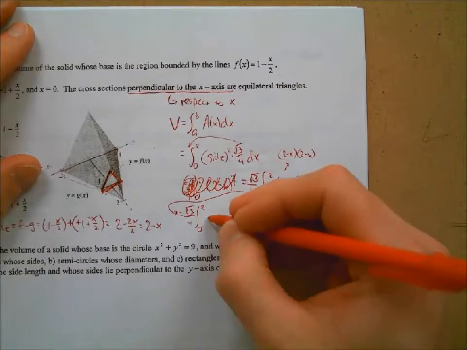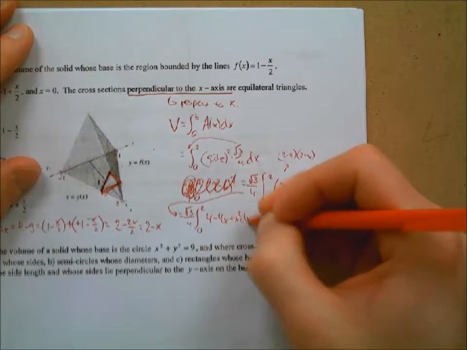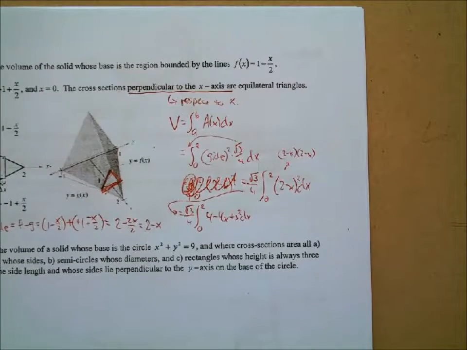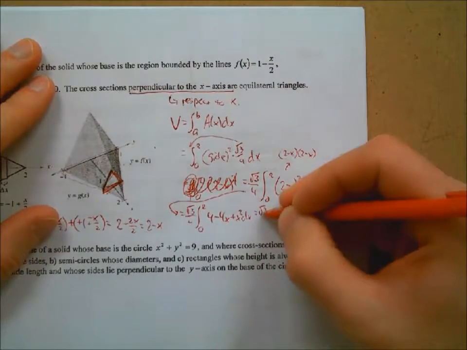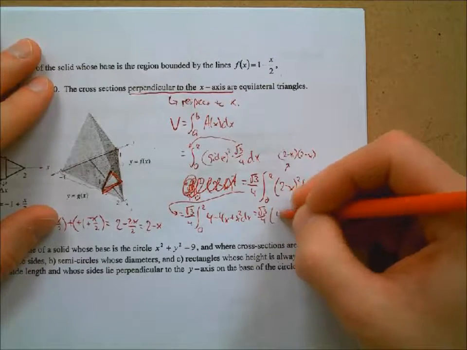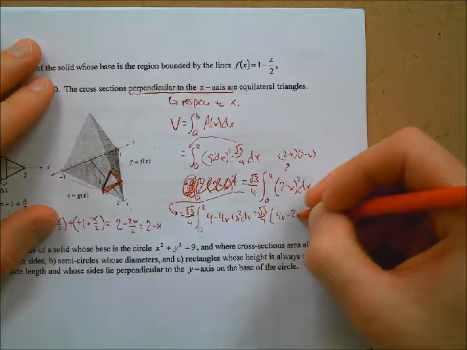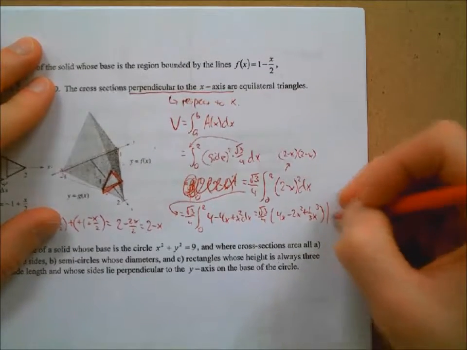All right, so it's 4 minus 4x plus x squared dx. Which is equal to root 3 over 4, and then let's see, it's going to be 4x minus 2x squared plus 1/3 x cubed, evaluated from 0 to 2. Okay.